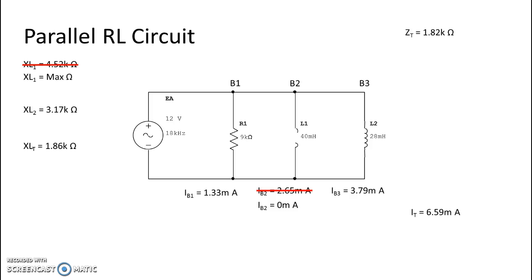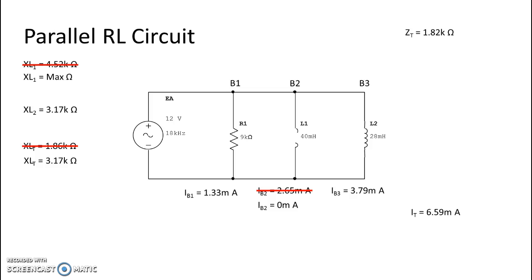So because one is maximum and the other one is 3.17K, we get an ohmic value for the combined branches that is actually just the one branch, because the maximum is driving that total to that smaller branch. And so we see total inductive reactance at 3.17K ohms, which is the inductive reactance of L2.